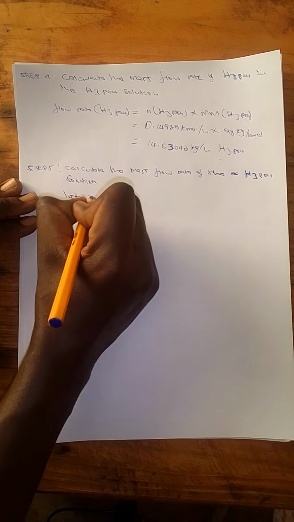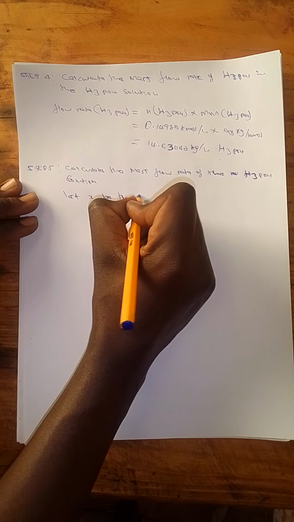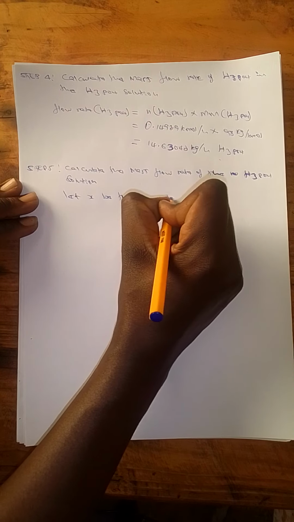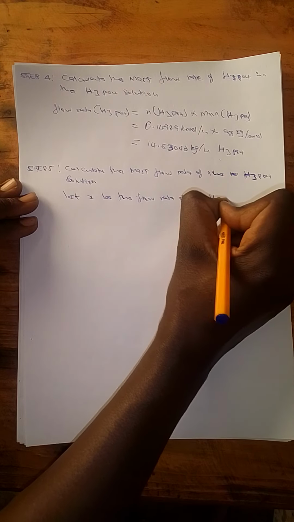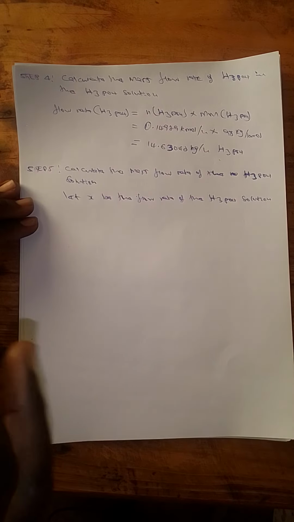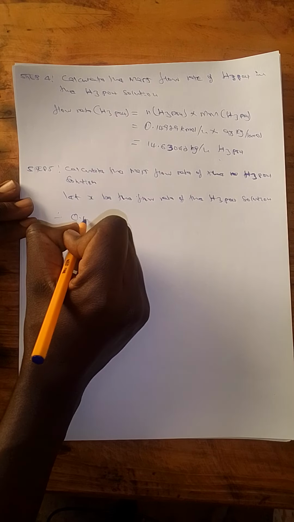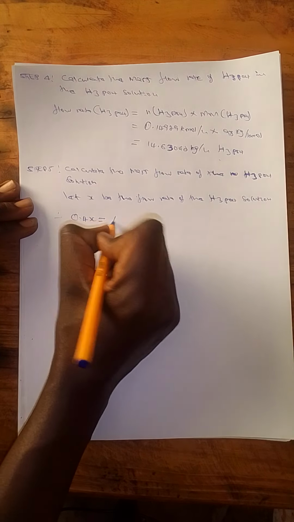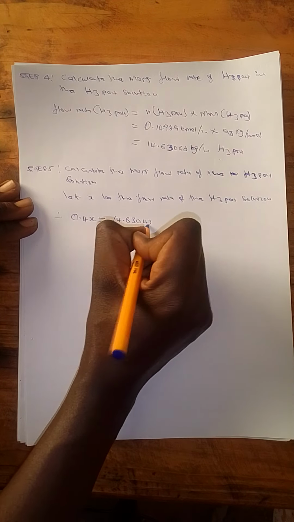To make it easy, let X be the flow rate of the H3PO4 solution. So we're defining that solution as X. Therefore, 0.4X is equal to 14.63042 kilograms per hour.